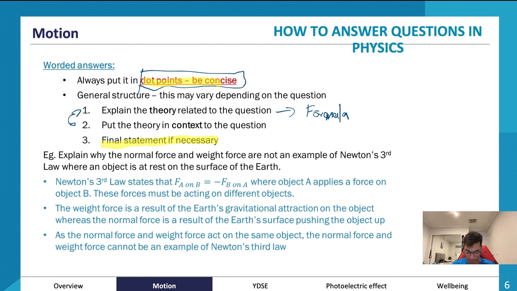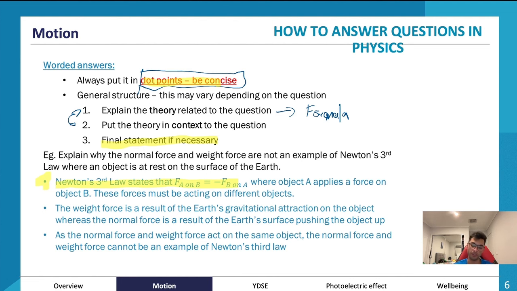So this example below is a pretty good example of how you can formulate your written answers. This question: explain why the normal force and the weight force are not an example of Newton's third law. So first of all, the answer has explained what Newton's third law is. If you don't know what Newton's third law is, this is good cheat sheet material.